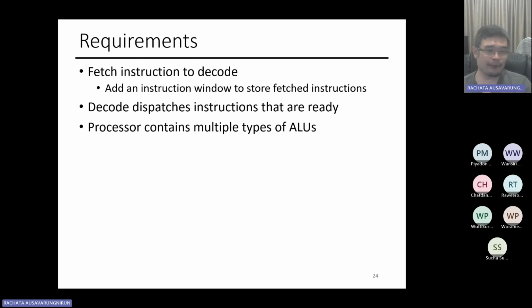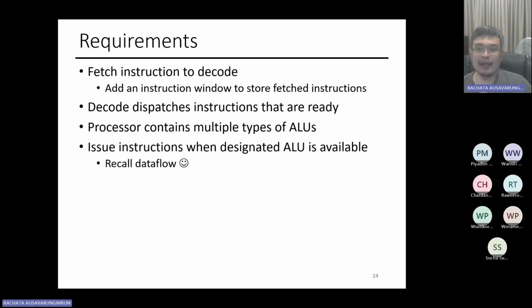It might have 4 floating point units, 3 multipliers, 2 adders, right? In that way, you can do 2 adds, 3 multiplies, and 4 floating point operations at the same time. Whenever these units are free, you dispatch the instructions that are not dependent on anything earlier. Anything you can do forwarding for is also okay. You dispatch them to the ALU.